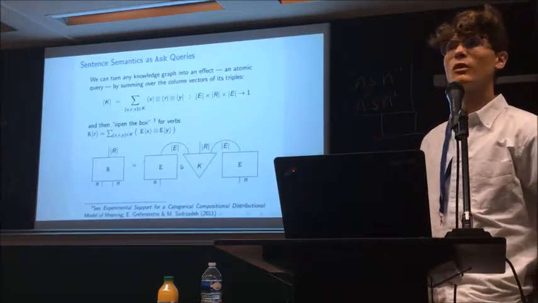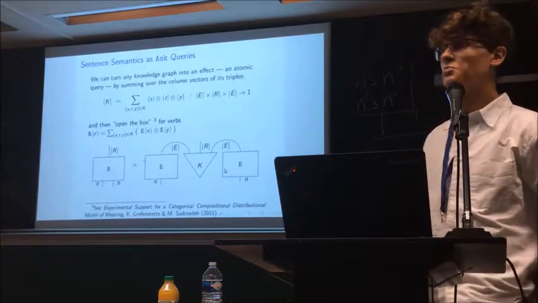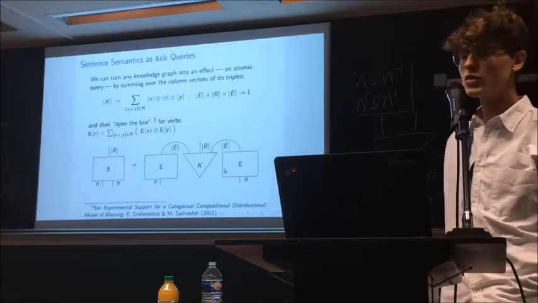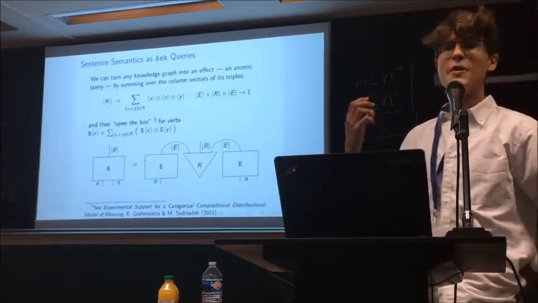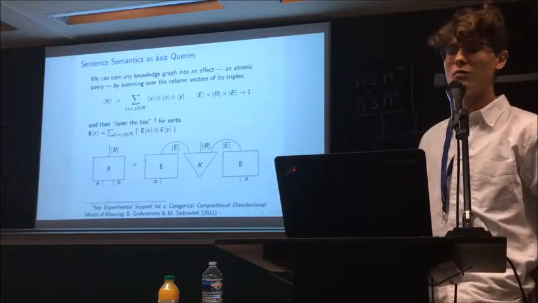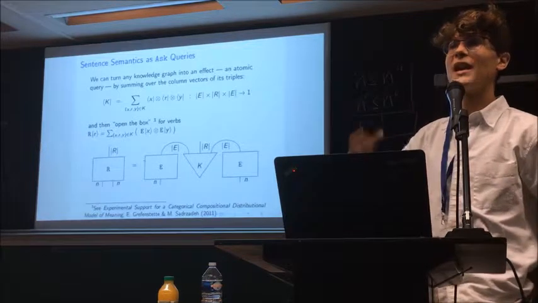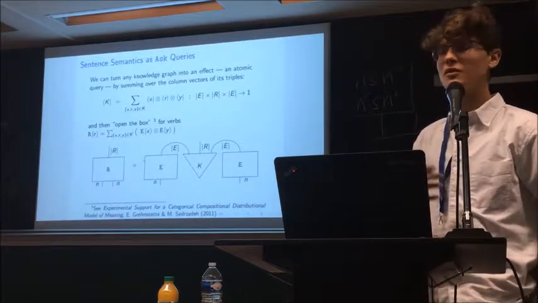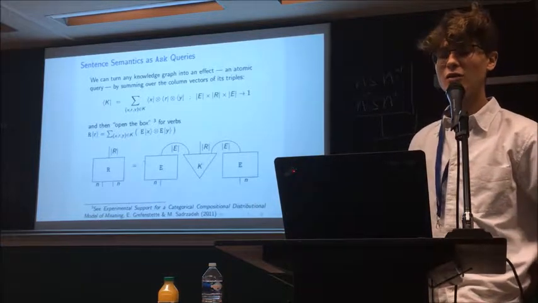You get an atomic query for membership of one triple, and that allows you to, in a way, open the box for the verb relation and say that the meaning of a verb is given by the sum over the encoded meanings for the entities that it relates, which is very similar to the ideas that Paul Smolensky discussed earlier this afternoon.